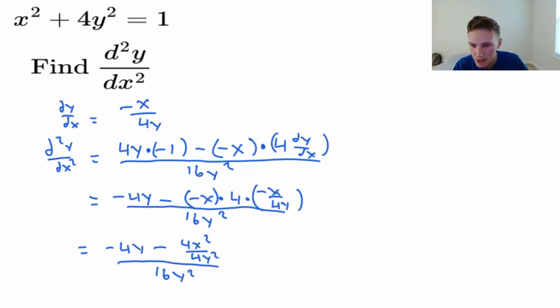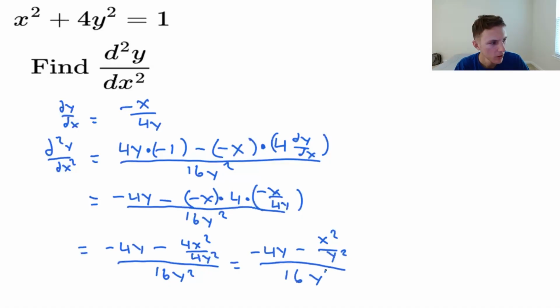Okay, and then we can simplify that a little bit, so that'll be negative 4y minus x squared over y squared over 16y squared. Okay, but we're not done yet. I know, I'm sorry. It is gonna keep getting nastier.